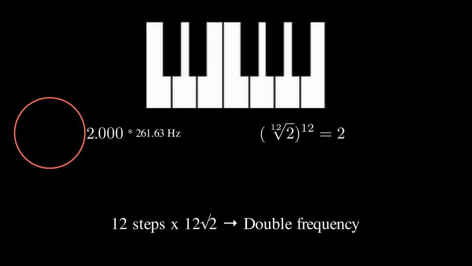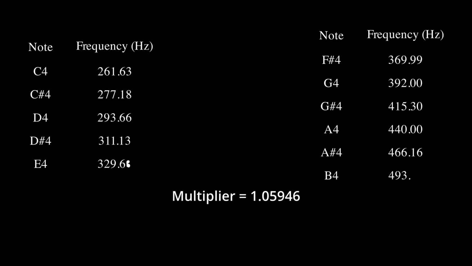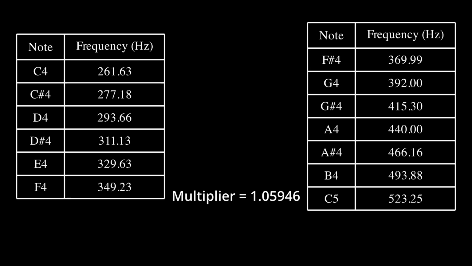It must be the 12th root of 2, approximately 1.05946. This means if you multiply the frequency of a note by this exact value, you get the frequency of the very next note up. Do it 12 times, and you've precisely doubled the original frequency, landing you one full octave higher.